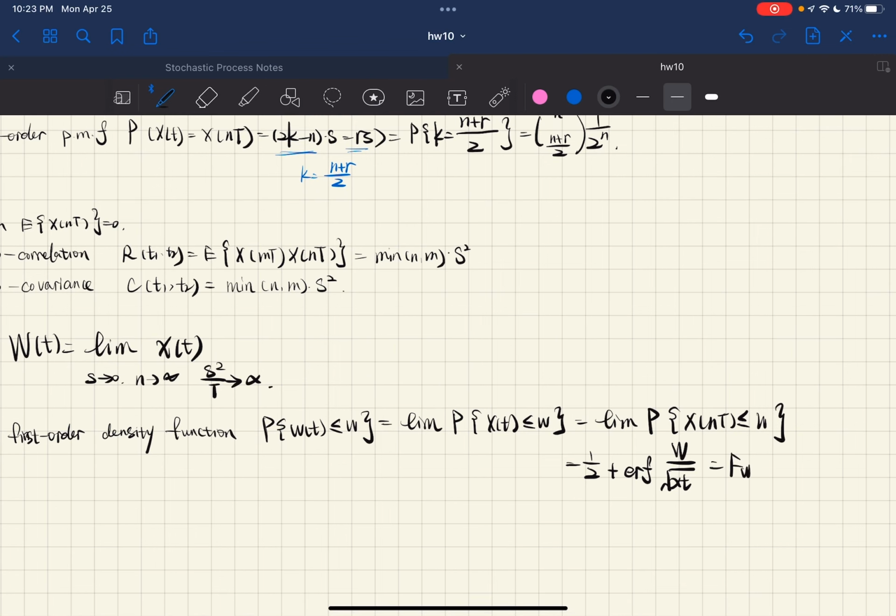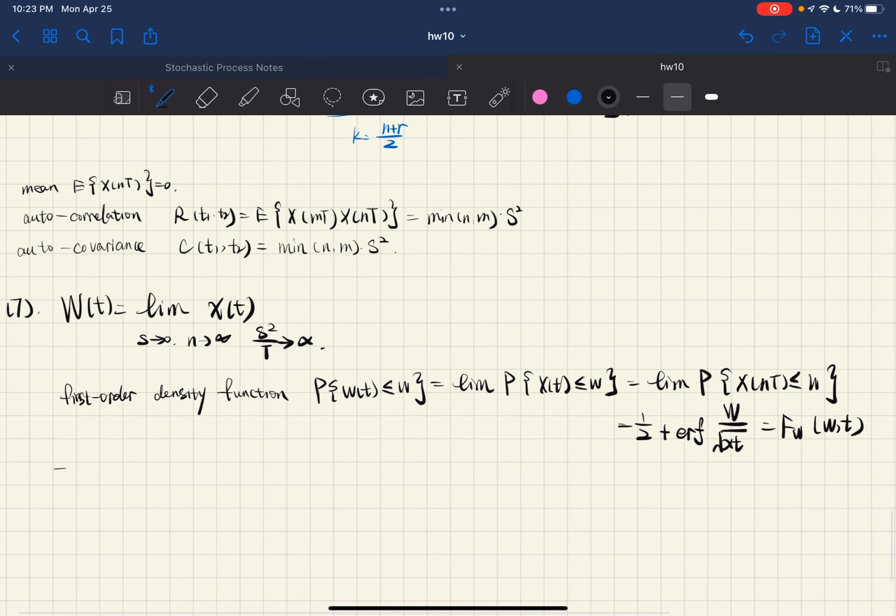Oh, no, this is not the density function, it's the distribution function.